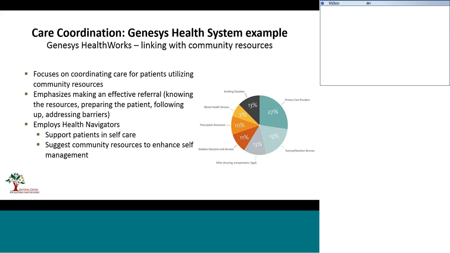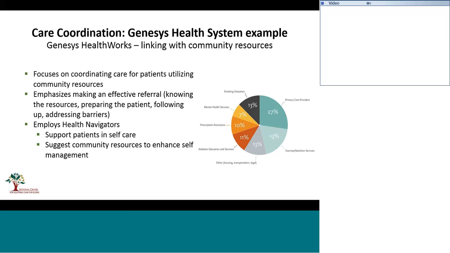And that is, they know the resources that are out there. They prepare the patient to utilize those resources. They follow up to check whether the patient has utilized the resource, and they address barriers, preemptively addressing barriers to missing that referral, to ensure that the patient engages with the referral.